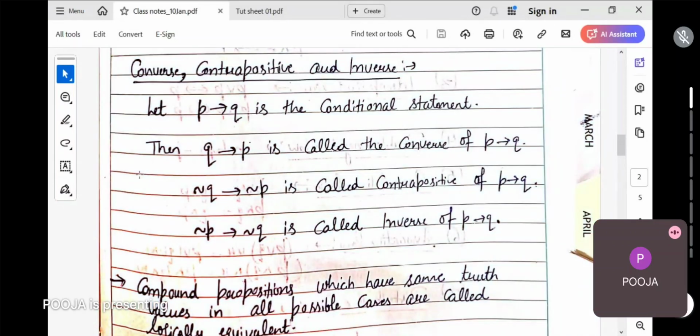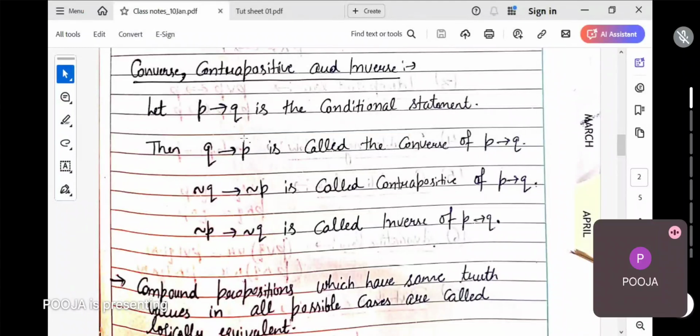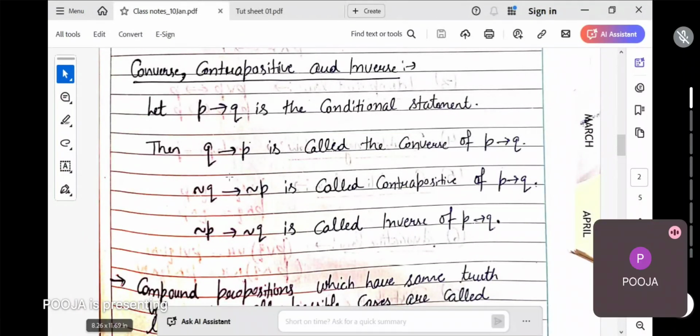You can recall the concept with the help of differentiability and continuity. That is a very important concept in math. So वहां से आप इजीली इसको कॉल कर सकते हो. Then negation P implies negation Q is called the inverse of P implies Q. So whenever P implies Q is the conditional statement, these three statements are called converse, contrapositive, and inverse.